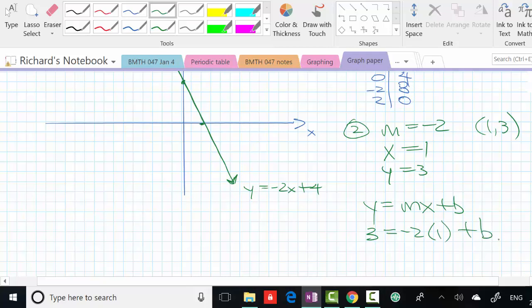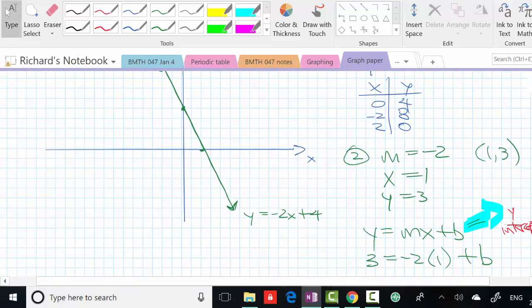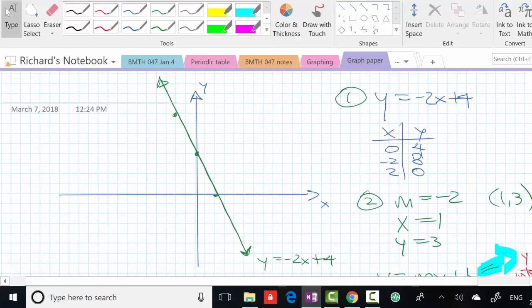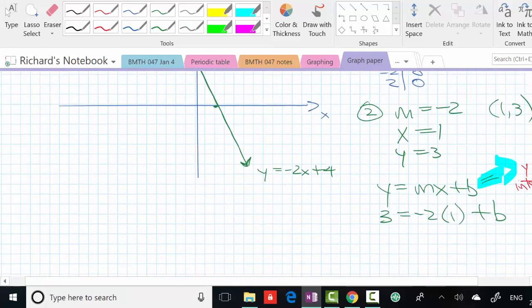Now I'm going to calculate b. b, remember this, is the y-intercept. That's the value that y has when x equals 0. So for equation number 1, for example, the y-intercept is (0, 4), because that's the point at which the graph touches the y-axis.